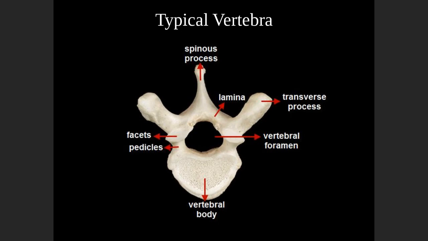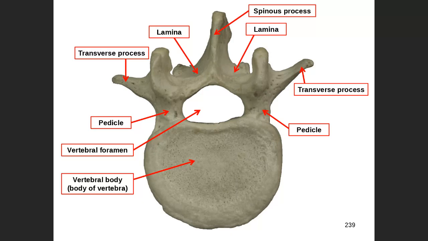So these are the facets, and then this and this are referred to as the pedicles. I'll show you on some other models. This isn't the best one for some of these structures. If you have your atlas, you might want to start labeling because there's a lot of stuff on here. So just to let you know, this right here is a lumbar vertebrae. Why?